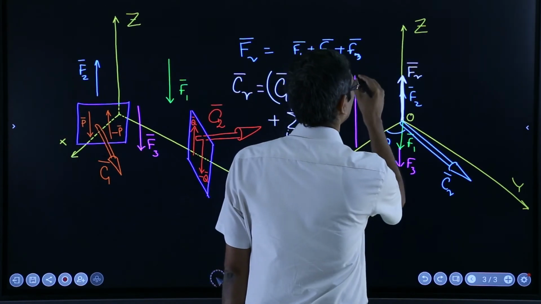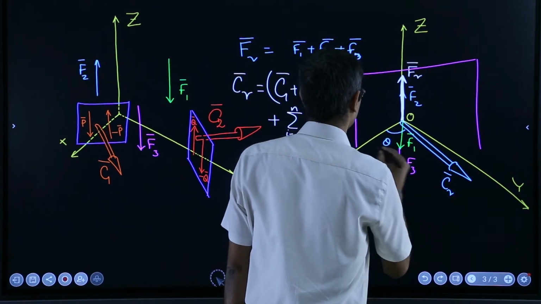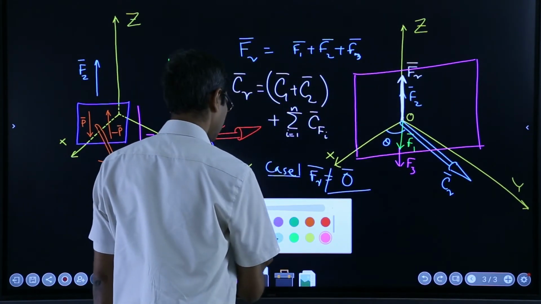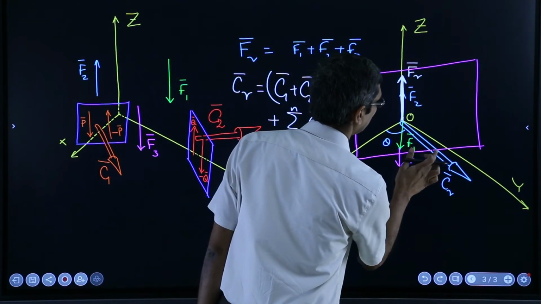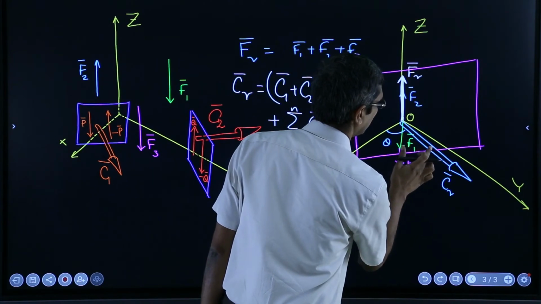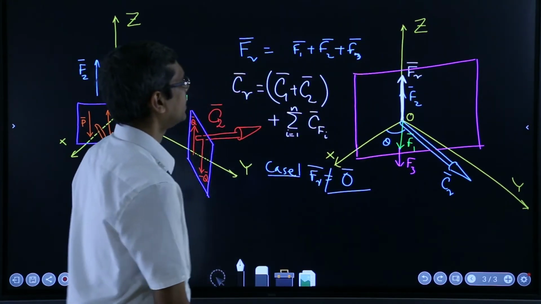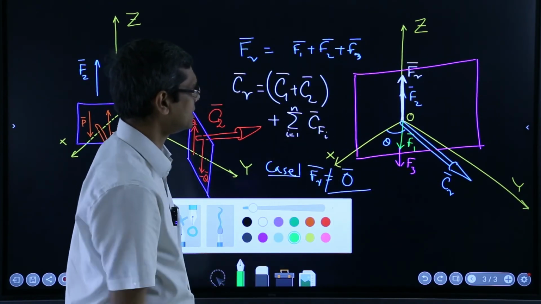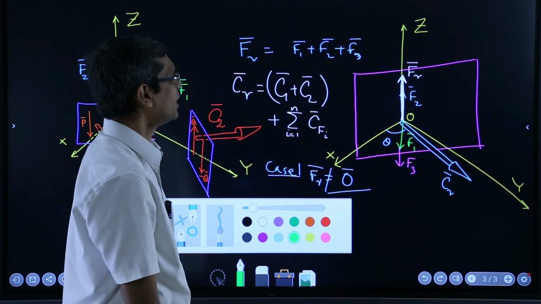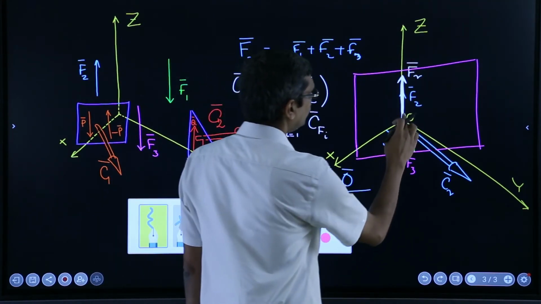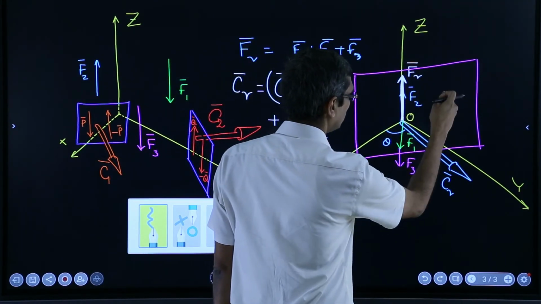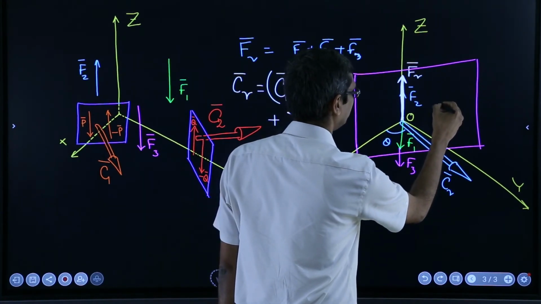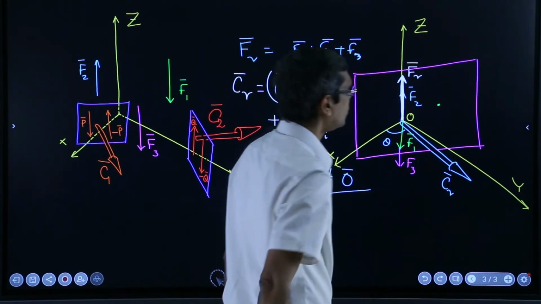Let me try to draw that. Say this is that plane. So this plane is perpendicular to the vector Cr. Now if I move this F2 to this side, say to a point here, what will happen?